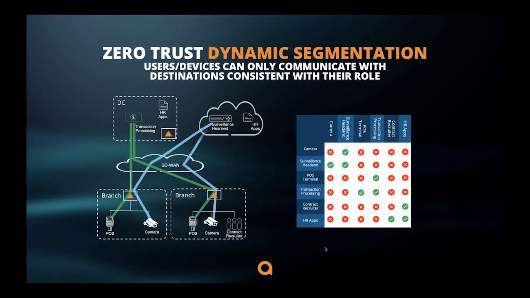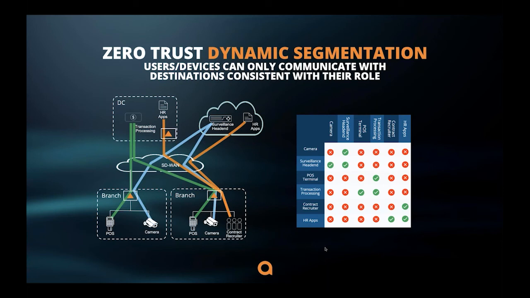So the first thing, if you're familiar with ClearPass, this is where it's able to identify roles and devices and associate those roles and devices with the specific applications that they need to access. So if we look at this example here, we have our security cameras that are accessing a surveillance headend that exists in the cloud.